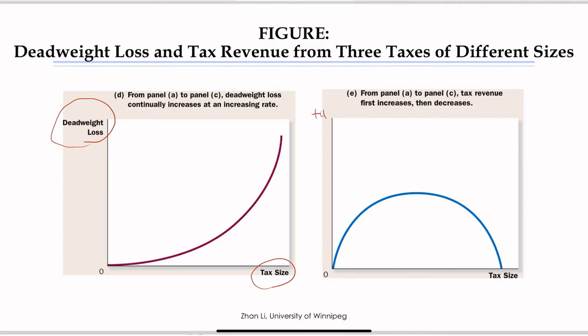And if we look at the right-hand side, we have tax revenue on the vertical axis and tax size on the horizontal axis. So you can see that there is this cutoff point, right?